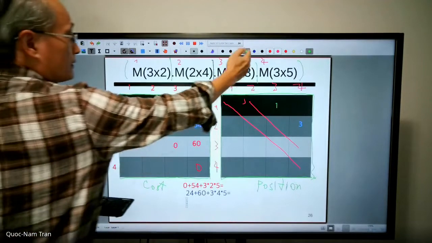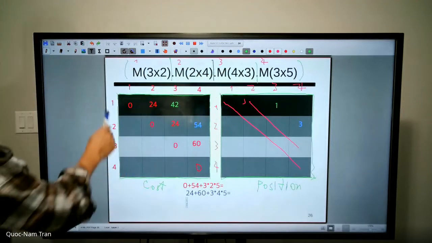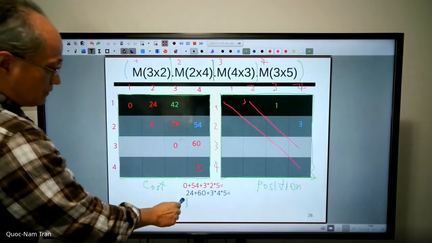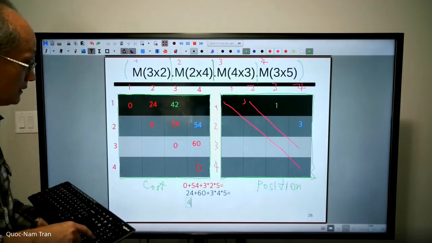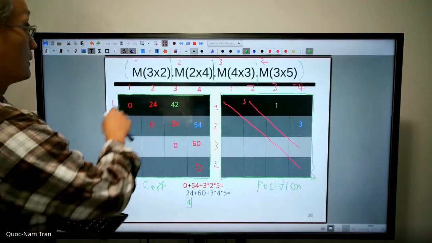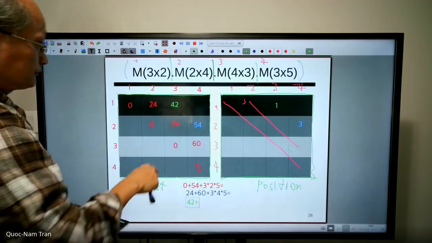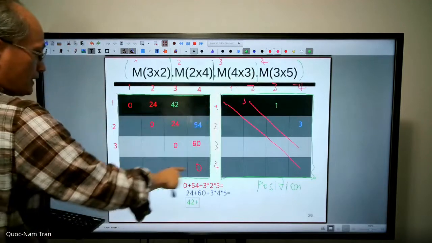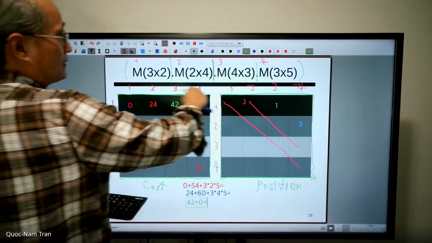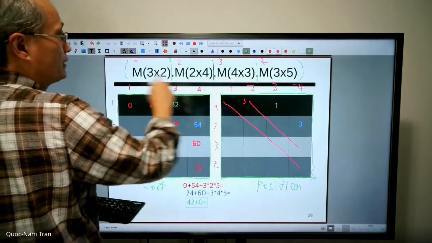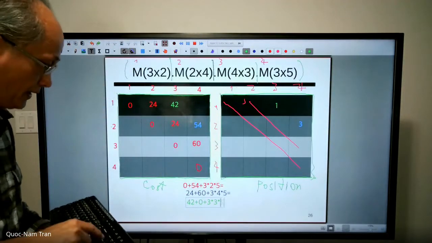If we cut it here, the left is from 1 to 3, and I have 42. Plus 4 to 4, we know that is 0. Plus the cost for multiplying the left and the right, which will be 3 by 3 by 5.